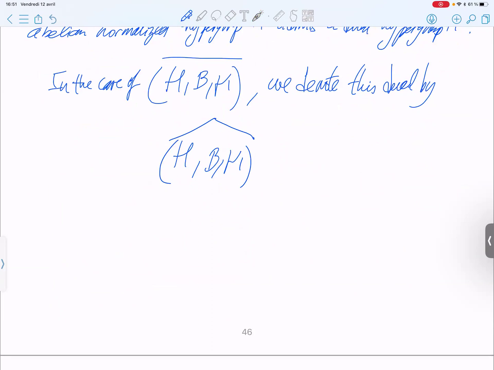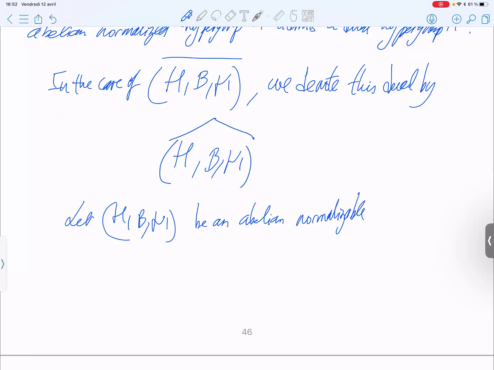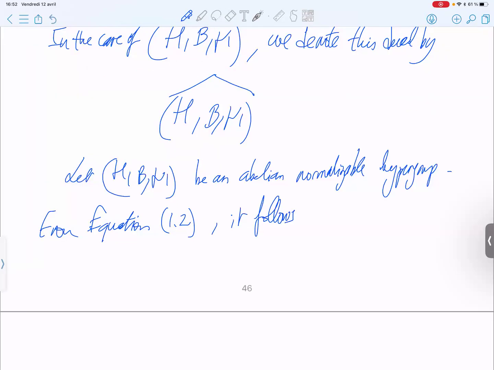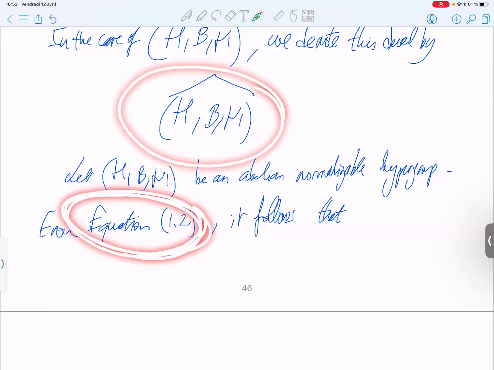Now what about the coefficients on the dual? Let HB mu1 be an abelian normalizable hypergroup. It is equation 1.2. Remember that this was done for abelian normalized hypergroups.